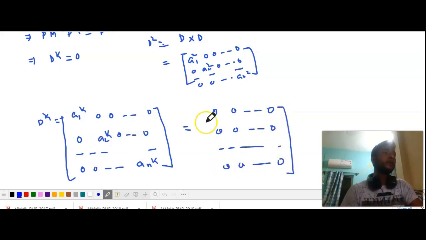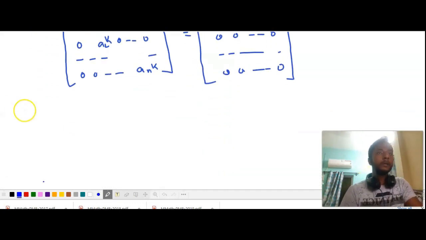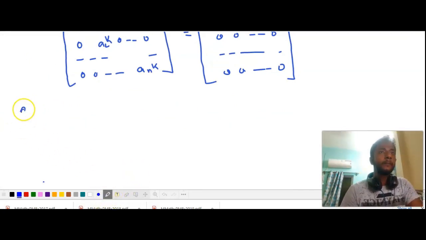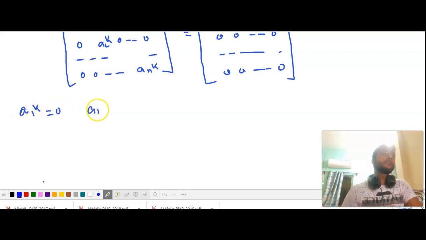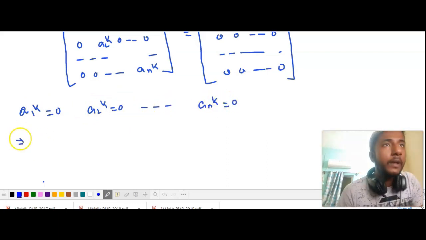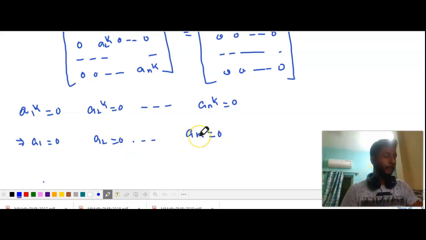From this, we can conclude that a1 to the power k equals 0, a2 to the power k equals 0, up to an to the power k equals 0. Now it will imply a1 equals 0, a2 equals 0, up to an equals 0, right?